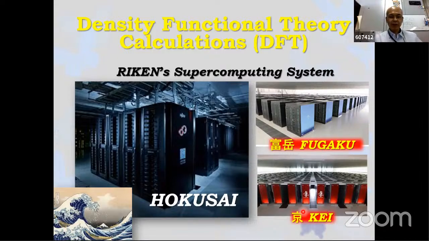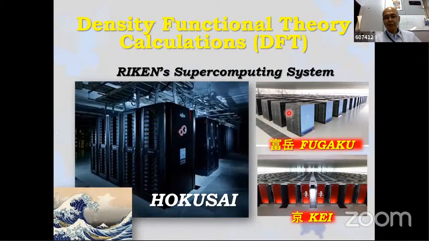Then we downgraded this K supercomputing system and put in Hokusai. Basically, the computing speed of Hokusai is the same as K, 1 petaflop. That means 5 years after K appeared, we can use the quality of K within Riken. Then we are now enjoying our DFT calculation by using Hokusai.